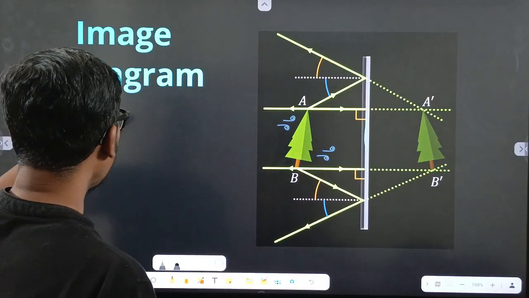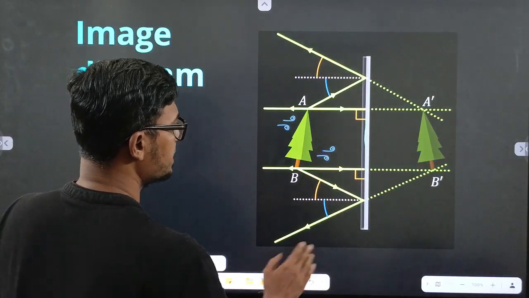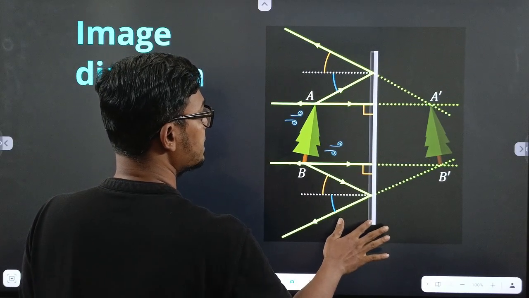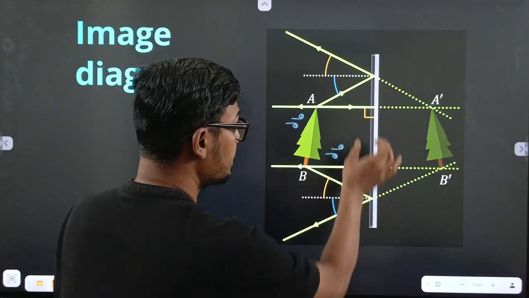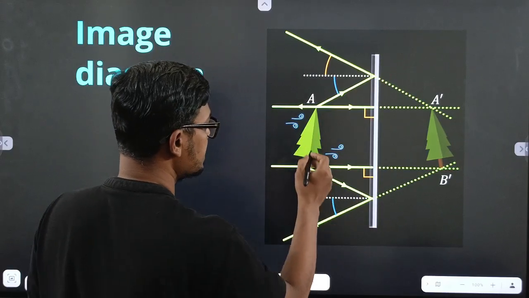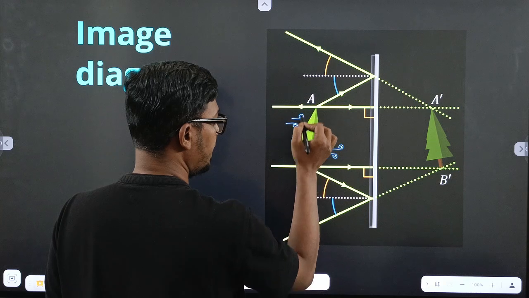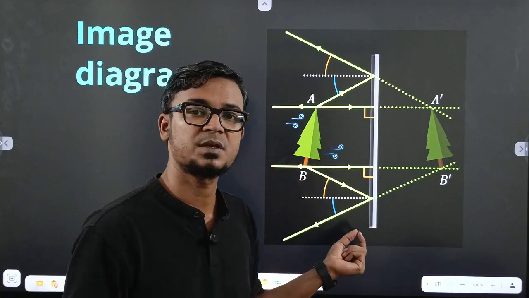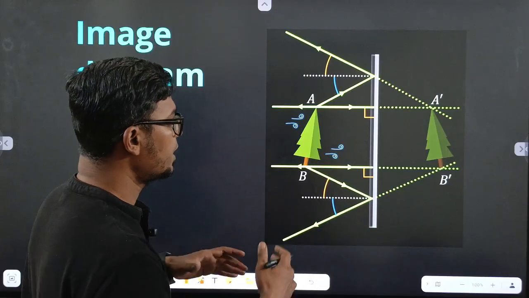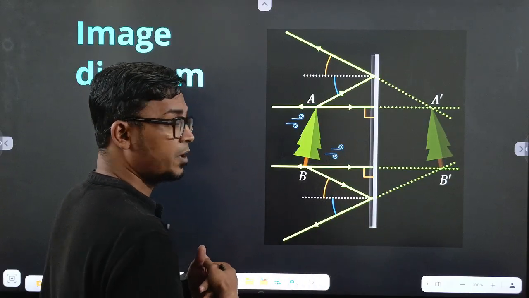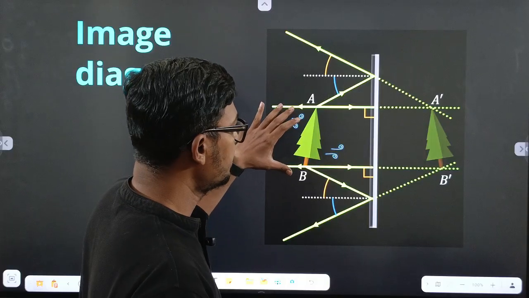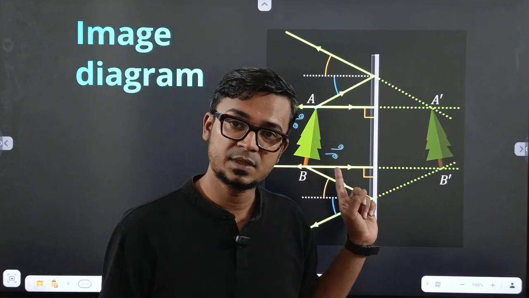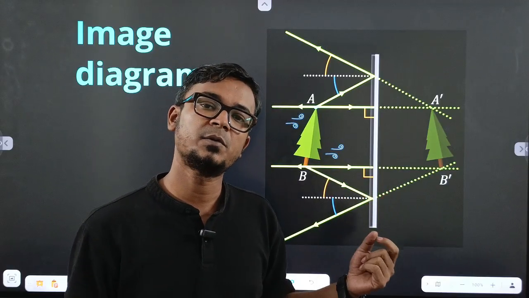Now the image diagram. As an example, this is a plane mirror, and suppose this is an object. We can see this is a tree with points A and B. The top point of the tree is A and the bottom point is B. If you want to draw the image formation diagram of this tree, first you have to draw the top point of the tree's image, and then the bottom point.